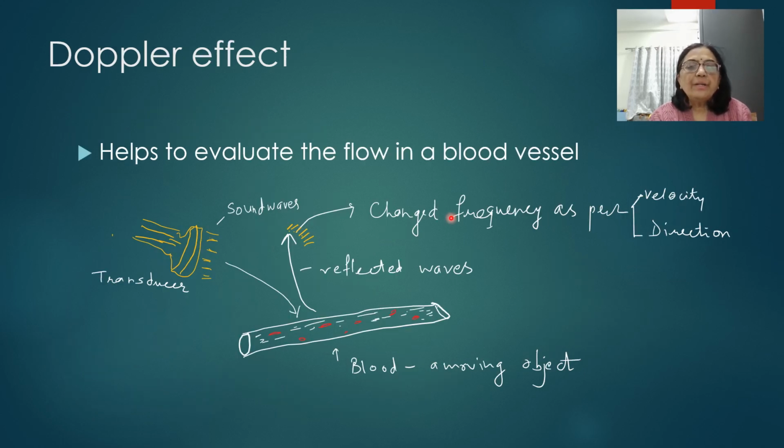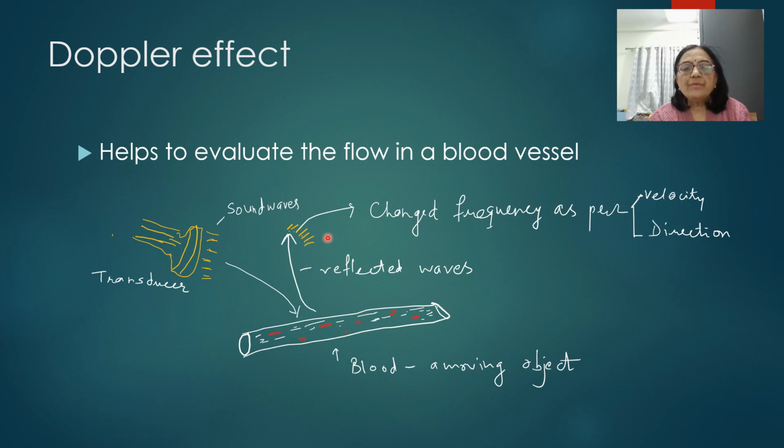What is the Doppler effect? This is a commonly used terminology, so we should at least know that much of the basic physics of the Doppler. This is the transducer from where the sound waves are coming. When these sound waves hit a moving object, they encounter a moving object in the body, such as blood in a blood vessel, these waves are reflected back.